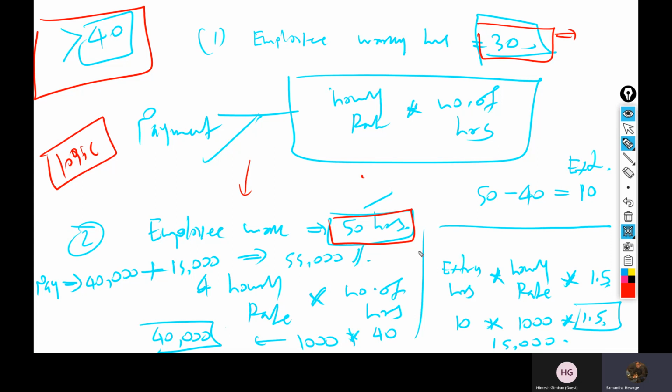You know how to calculate. There are two equations now, right? One for general, one for extra. But the extra hours only apply because of this condition. So now you have to decide where this condition should apply.